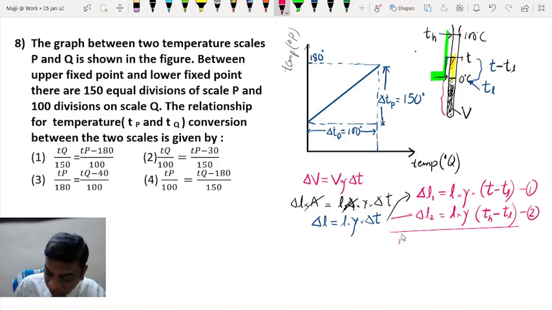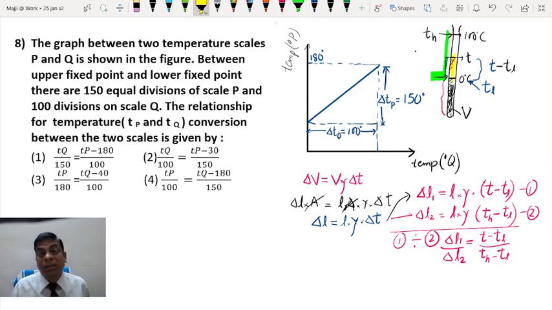Now if you divide equation 1 by 2, then you can see that delta L1 upon delta L2 is equal to (T minus TL) upon (TH minus TL). As you can see, for any thermometer whatsoever, this ratio delta L1 by delta L2 will remain the same.